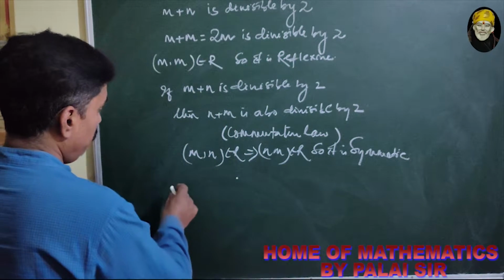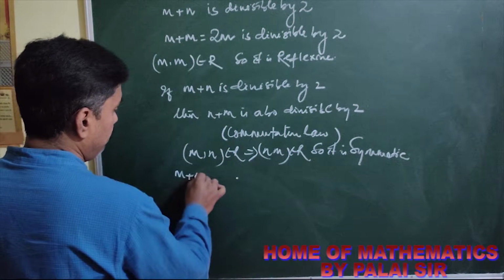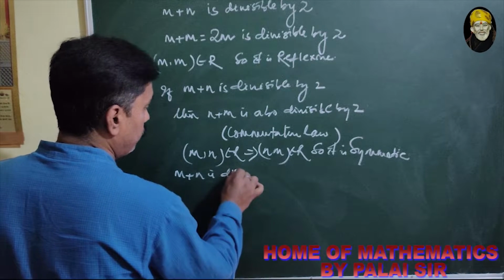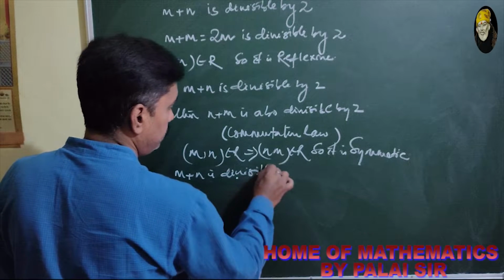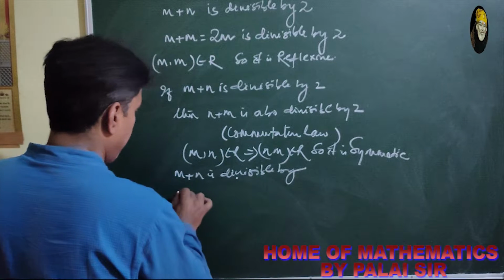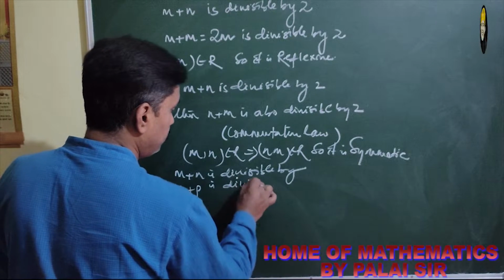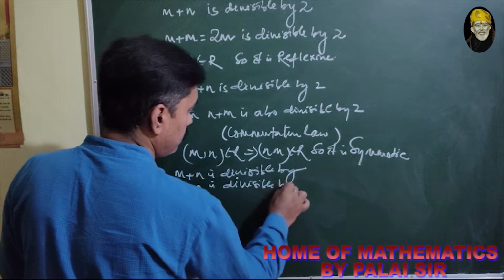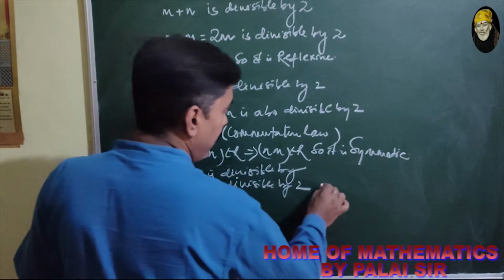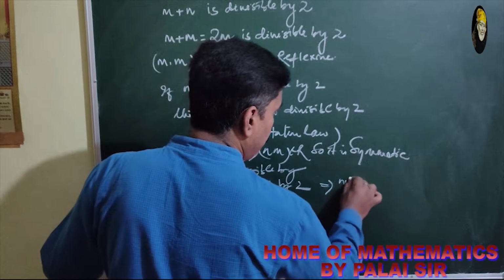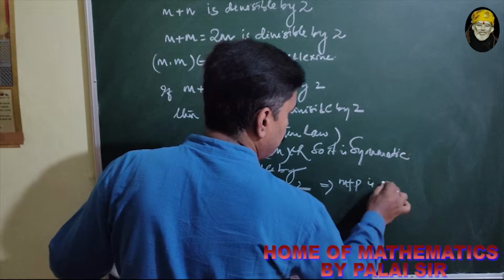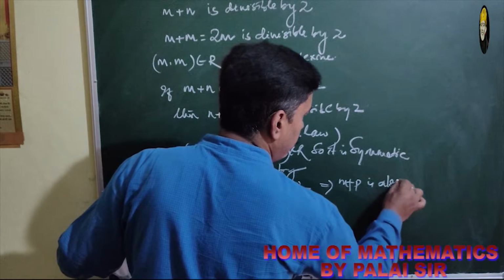So here, if m plus n is divisible by 2, n plus p is divisible by 2, this implies that m plus p is also divisible by 2.